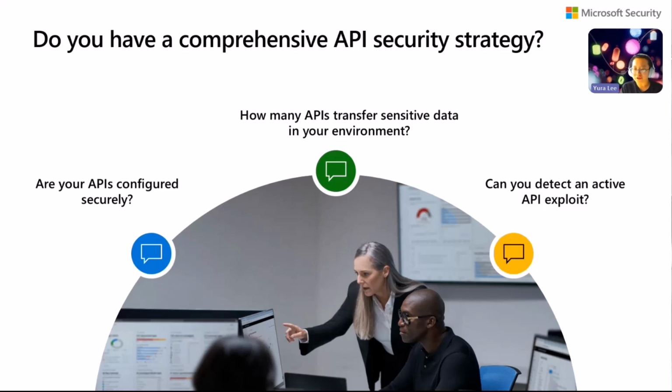How many of these APIs transfer sensitive data within your cloud environments? And to your point about being reactive, if an active exploit was occurring right now, how would you be able to detect it? These are the types of coverage we're urging customers to look for when you are looking to expand your API security coverage.